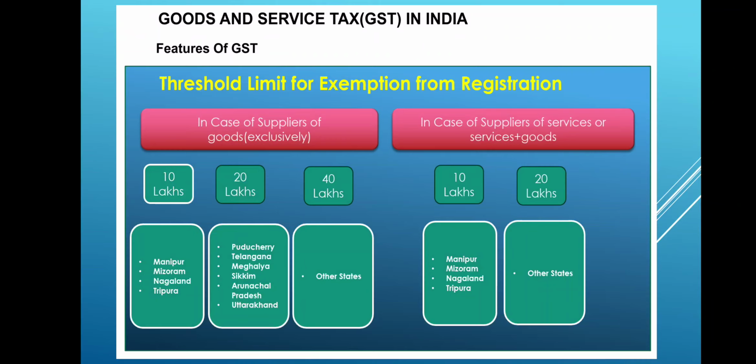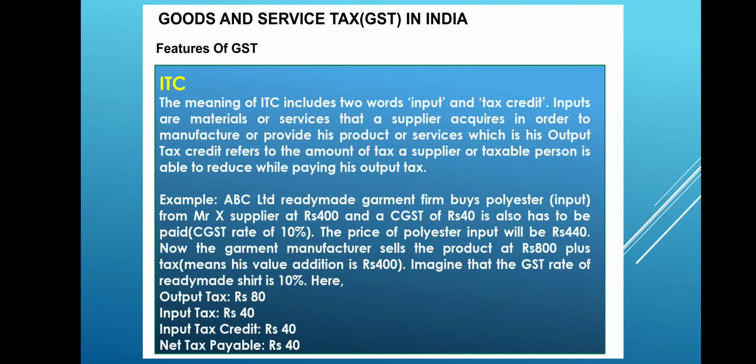If the aggregate turnover of a person is above 20 lakhs, then he must register himself under the GST. But if his aggregate turnover is not above the 20 lakh, he is not required to register himself under the GST.